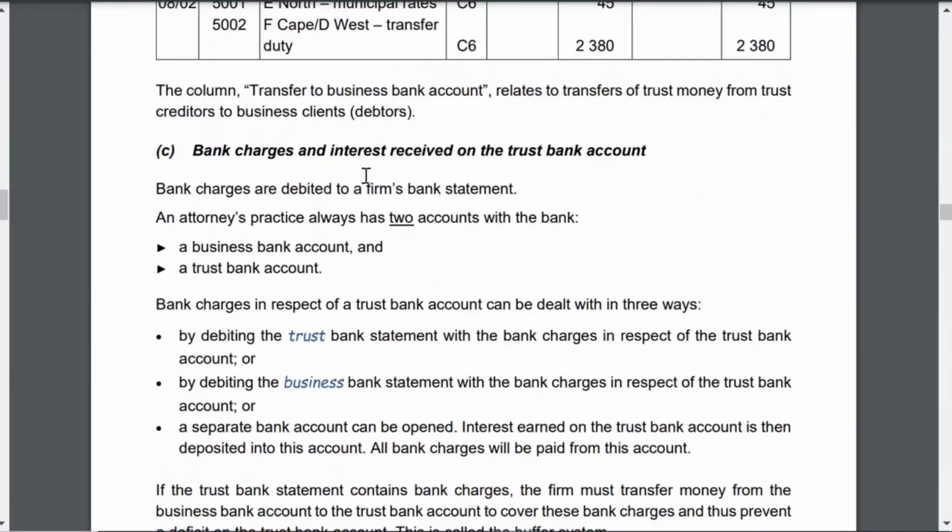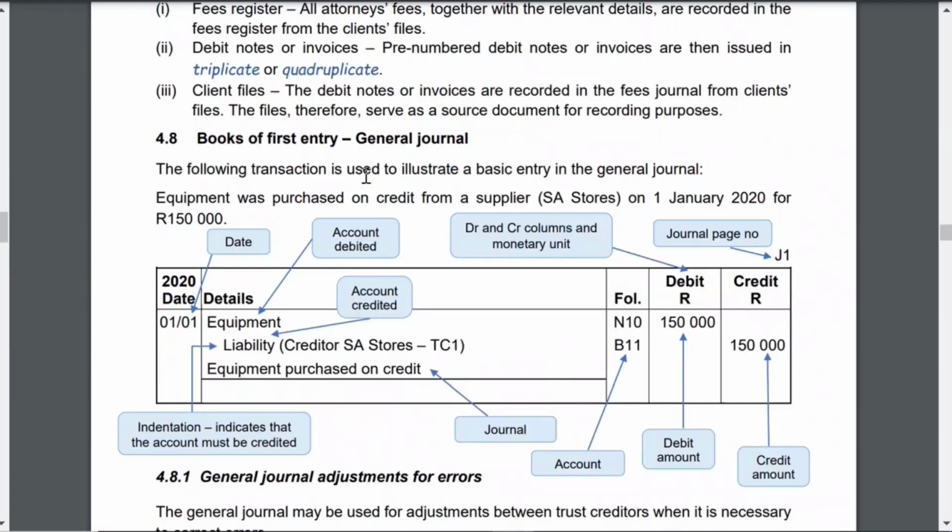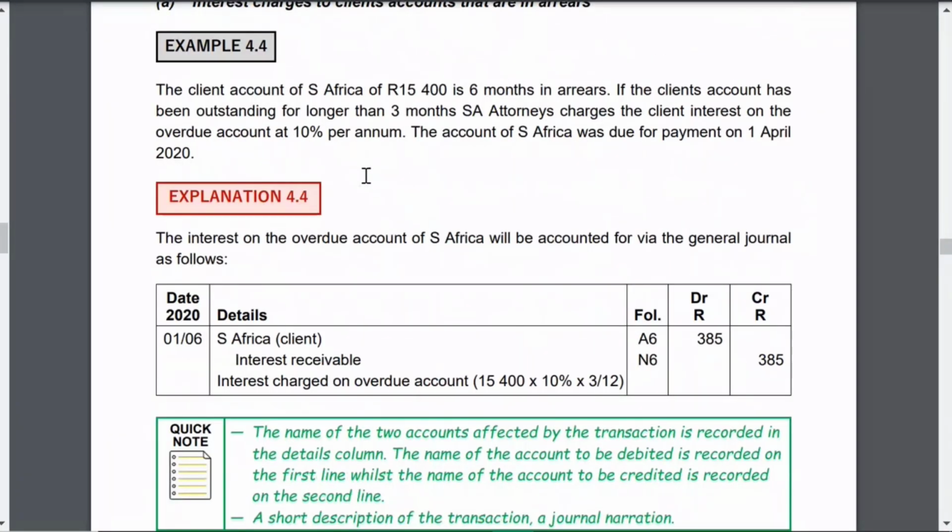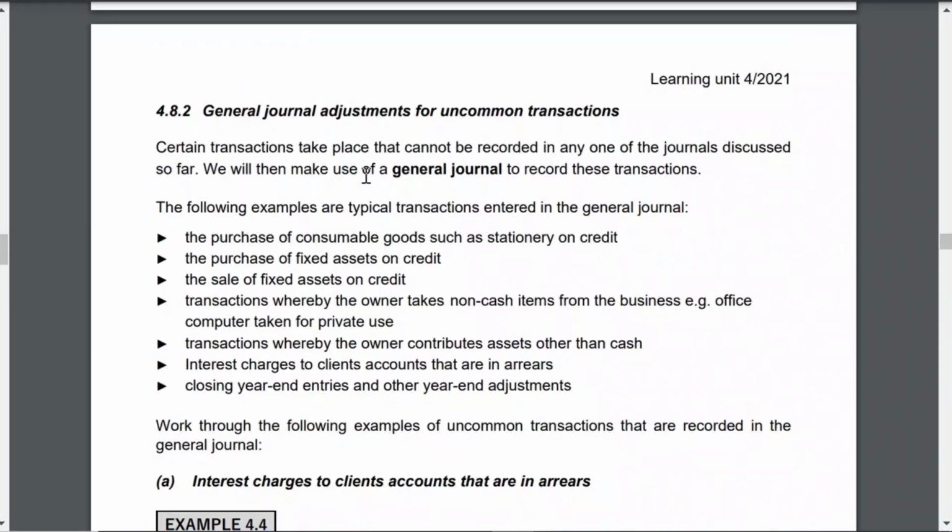In learning unit 4, I think it's page 21. On page 21, this is all the entries that will be recorded in your general journal. The following examples are typical transactions entered in the general journal.